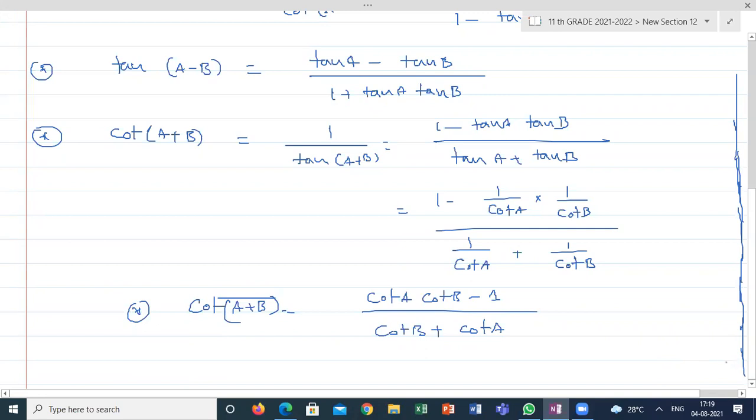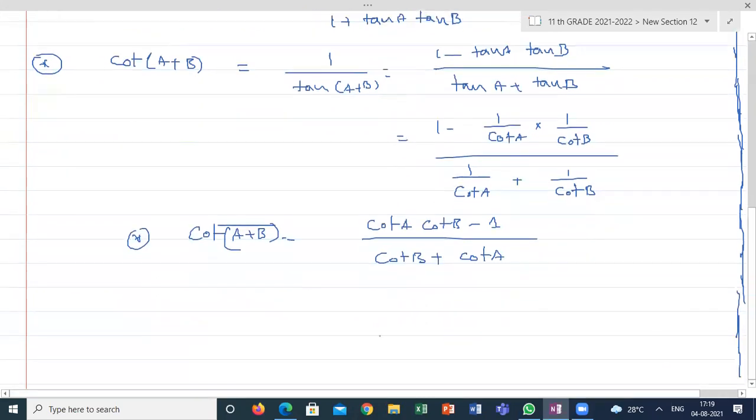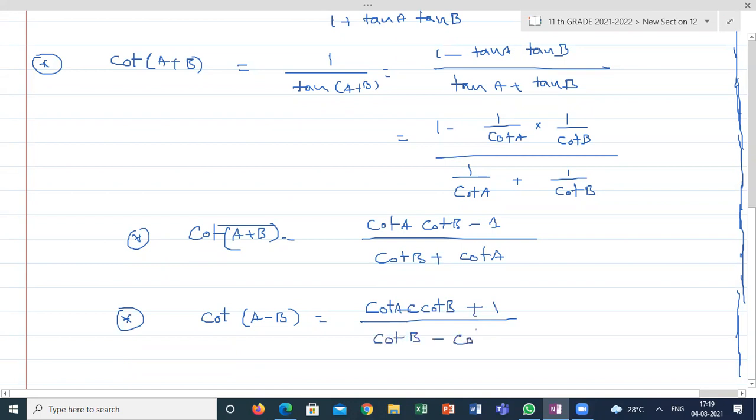Same way, if I want to write cot of A minus B, it can be written as cot A cot B plus 1 divided by cot B minus cot A. You just replace B with minus B, and you will get the answer.